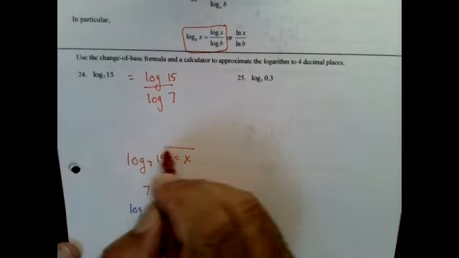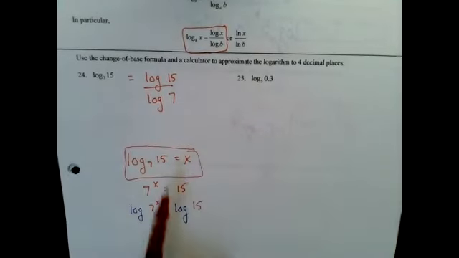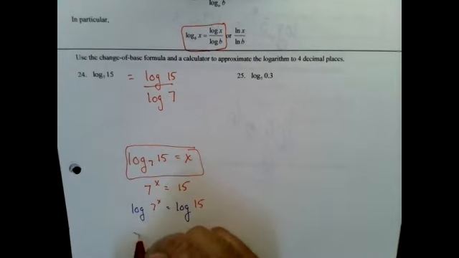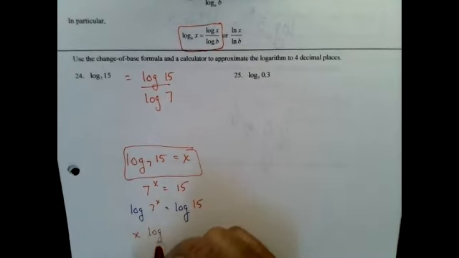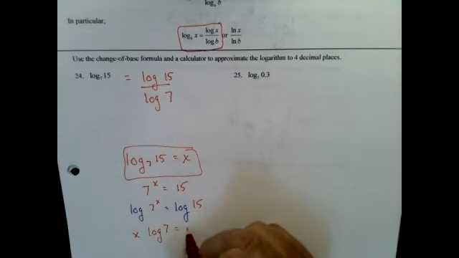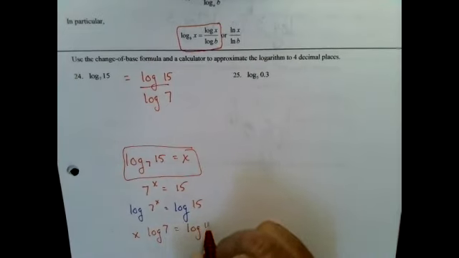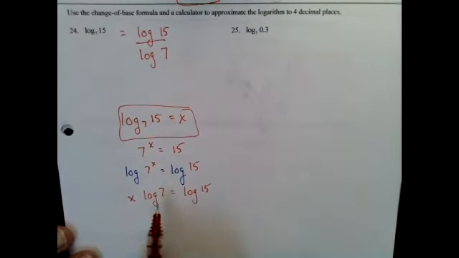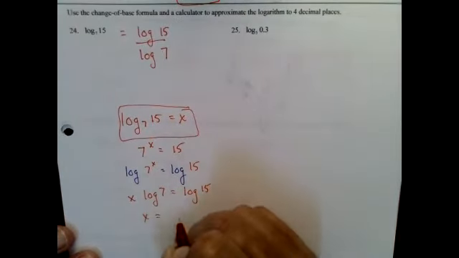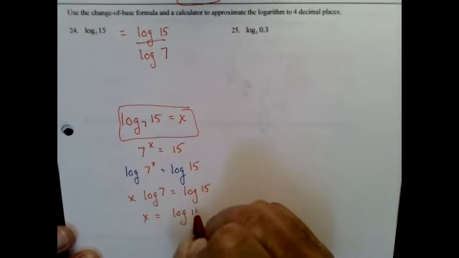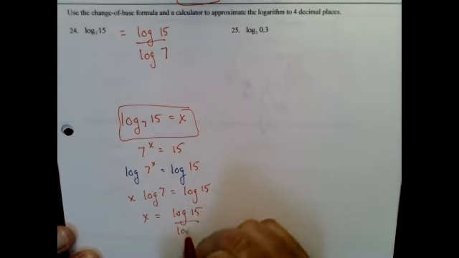This is what I started with. I rewrote it as an exponent, took the log of both sides. Now that I have a log, my power rule comes into play. X log of 7 equals log of 15. If I divide by log of 7, I end up with log of 15 over log of 7.